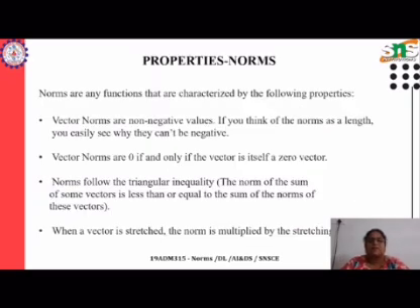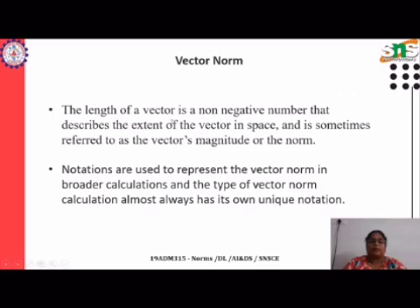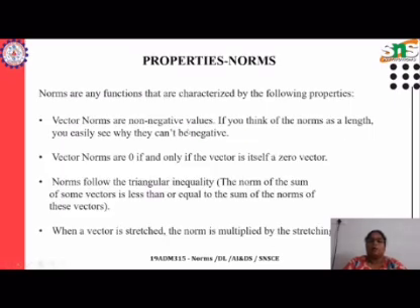There are some properties of norms. The vector norm should be a non-negative value. Always norms should be non-negative. Positive here means non-negative value. Like length, you can easily calculate. The length should never be a negative value, it will be a positive value, right?